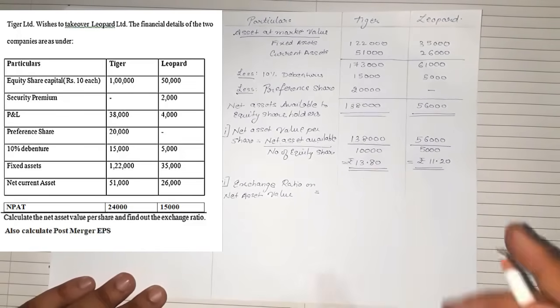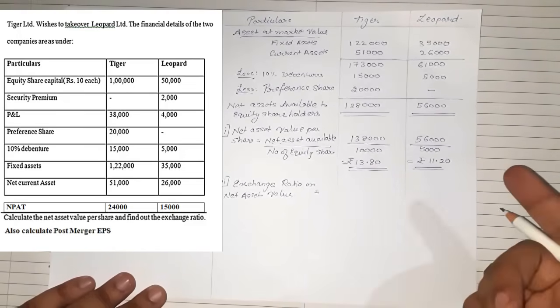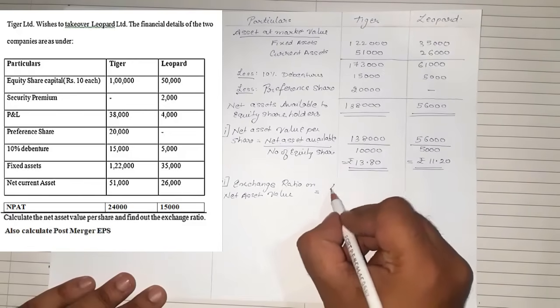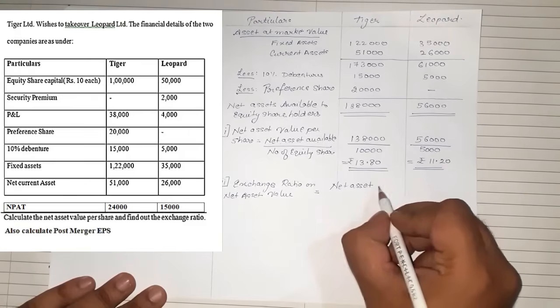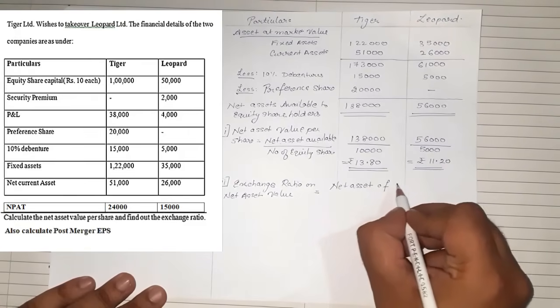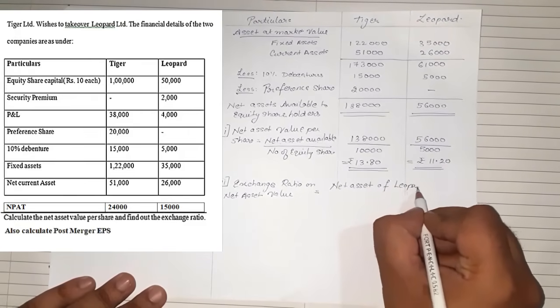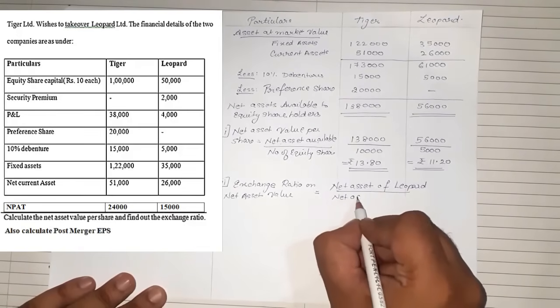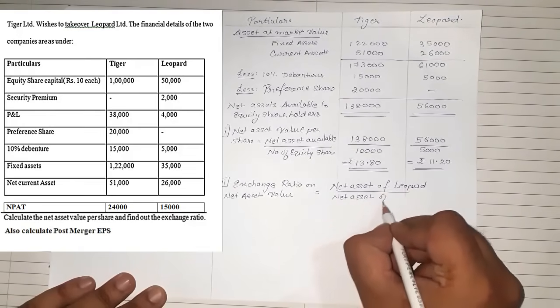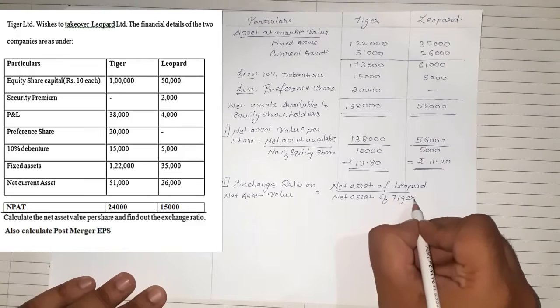Now in the question it is given that Tiger is going to take over Leopard. So here it will be the net asset of the taken over company, so it will be Leopard, upon net asset of the company who is taking over the other company. In this case Tiger is taking over, so upon Tiger.